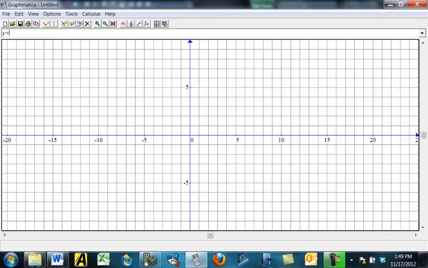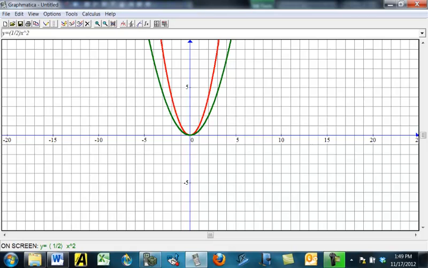Well, how about y equals x squared? Well, y equals x squared looks like this. If I put a coefficient in front here, like, let's say a half, that's going to be a vertical compression. Half is close to the x-axis. What if I make another one?